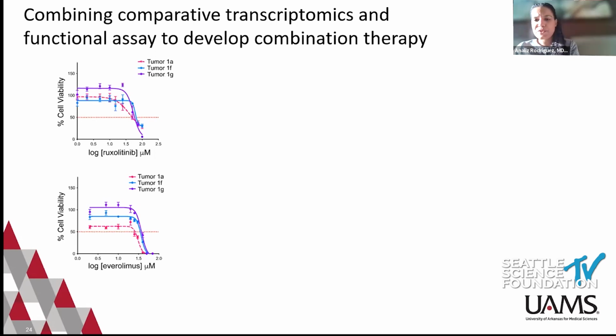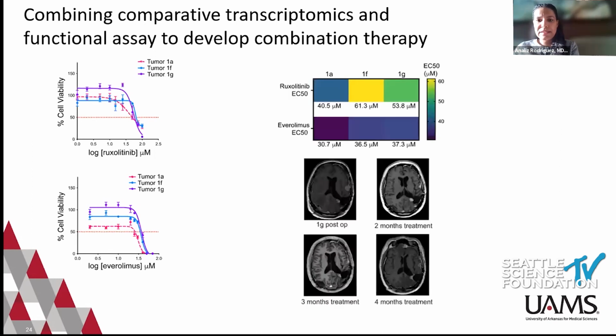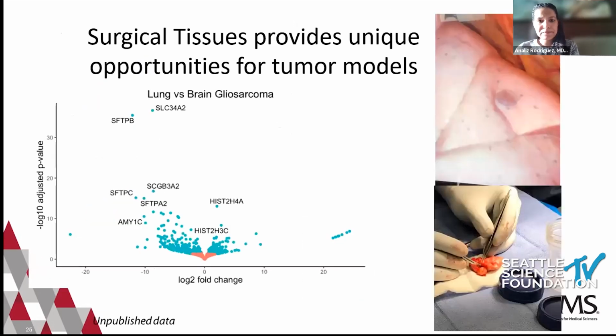We tested his first tumor as well as his most recent recurrences and got dose response curves, and then ended up treating the patient with this combination based off of our lab work and just asking him if he wanted to try it. Thankfully, he did. This was his longest progression-free survival: 4 months. At this point, he was having recurrences about every 1 to 2 months, so this was very exciting for us.